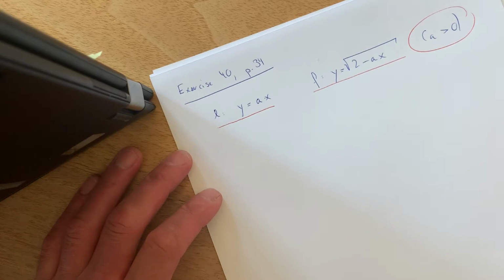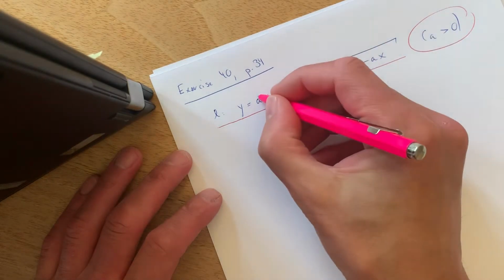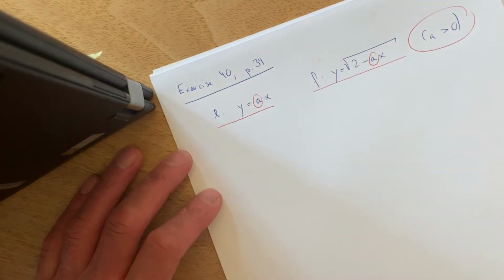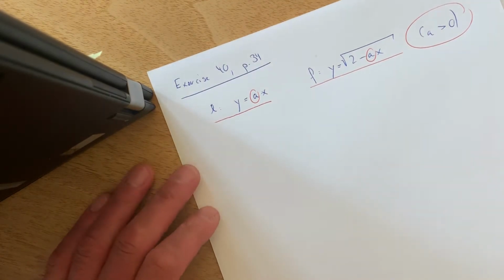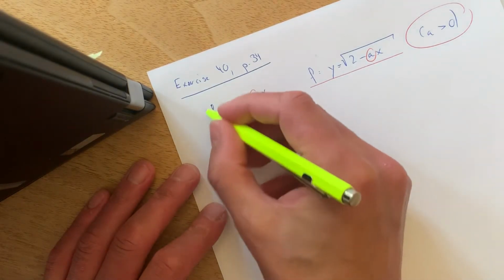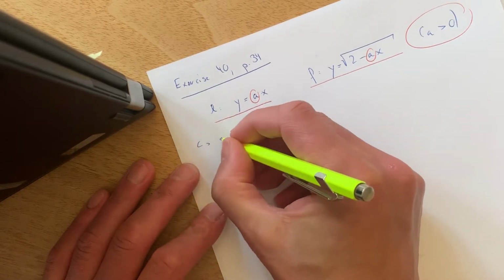Okay, so our problem is, of course, finding the value of a. So this exercise is still about finding a function equation. Okay, so what do we have? Well, first thing to note is this line L here. That's a straight line, of course.